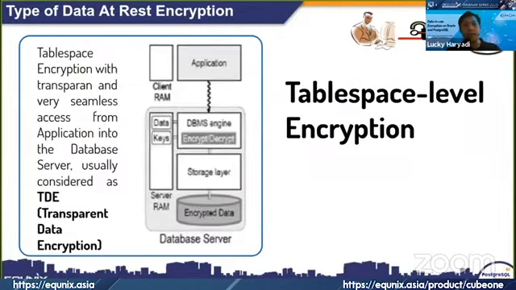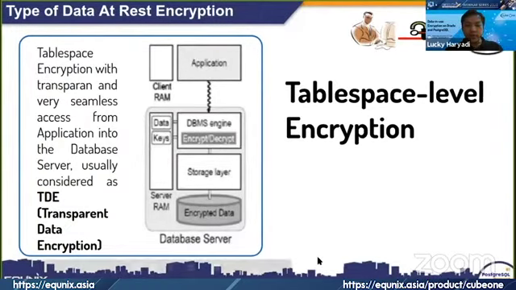What is the other method? The other method is tablespace level encryption, usually known as transparent data encryption, where the application accessing the database doesn't even care about how the data is encrypted on the RDBMS.